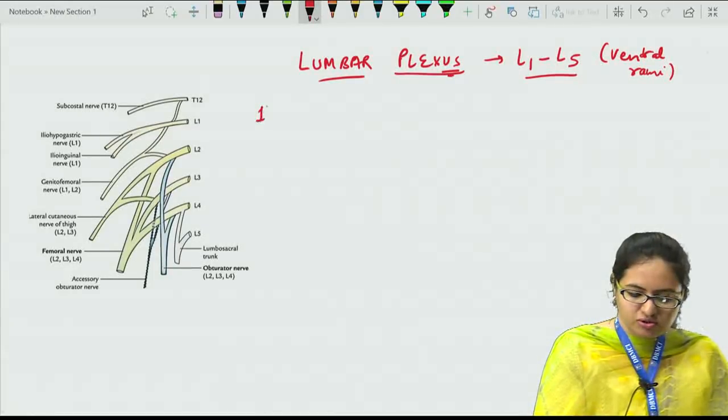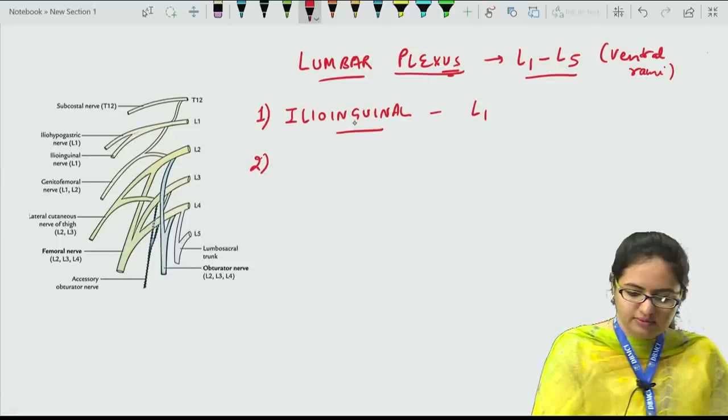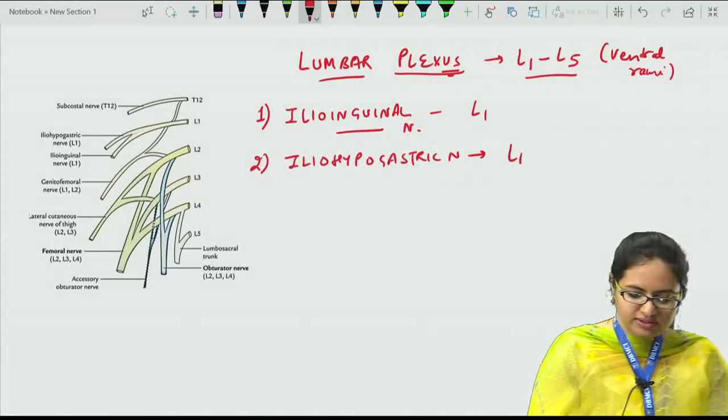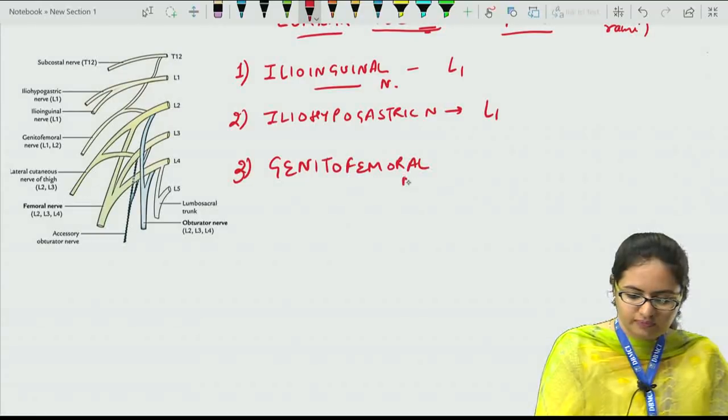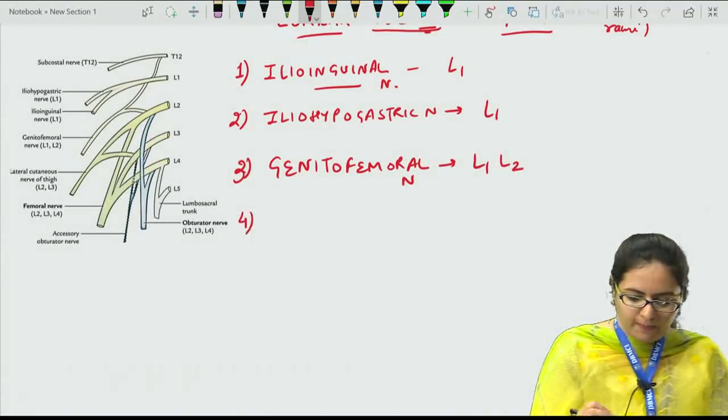The various branches of the lumbar plexus include the ilioinguinal nerve, the root value is L1, then the iliohypogastric, again the root value is L1, the genitofemoral nerve, the root value is L1 and L2.